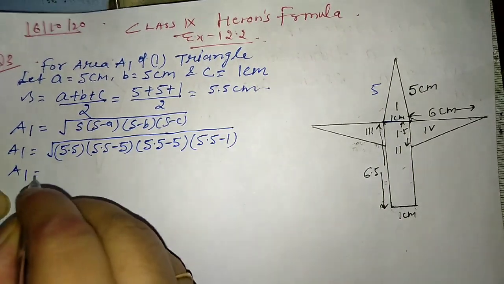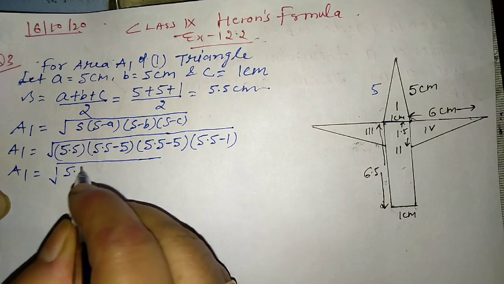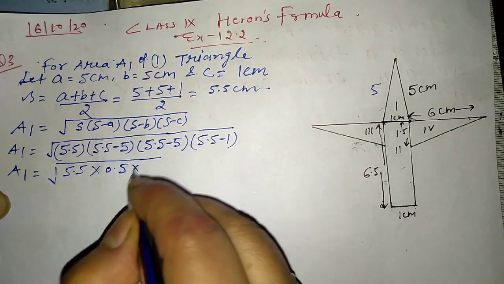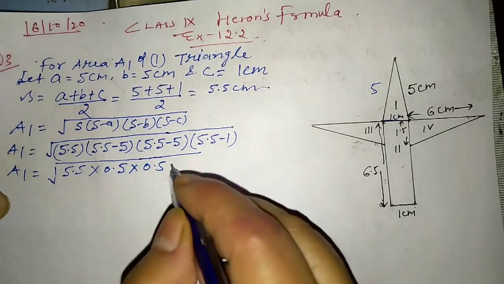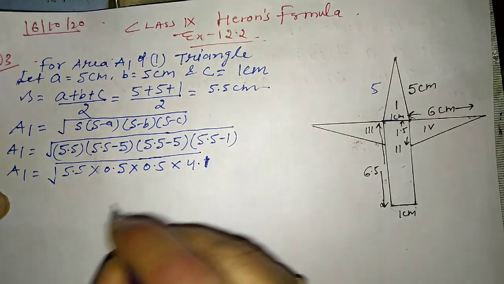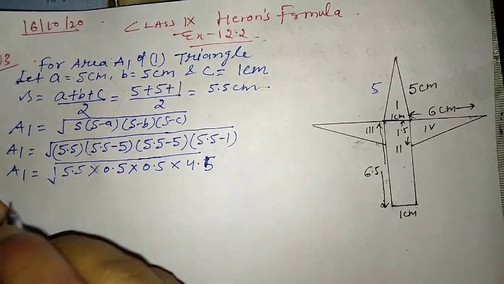So A1 is equal to under root 5.5 multiplied by, if we subtract this, we have 0.5, 0.5, and if we subtract this, we have 4.5.